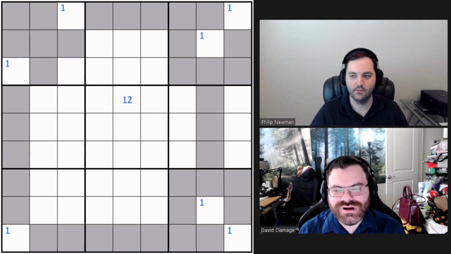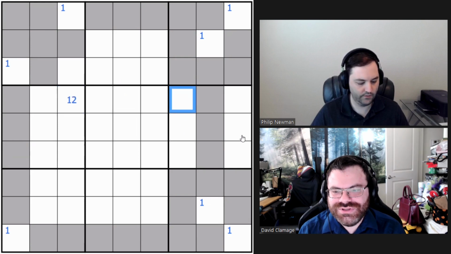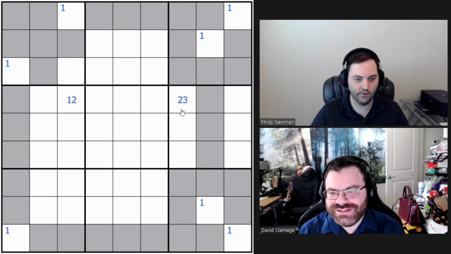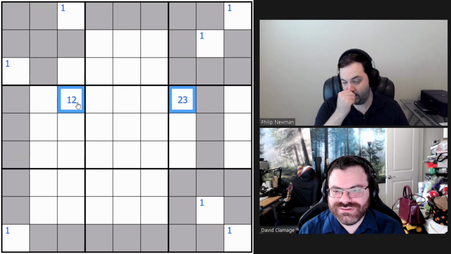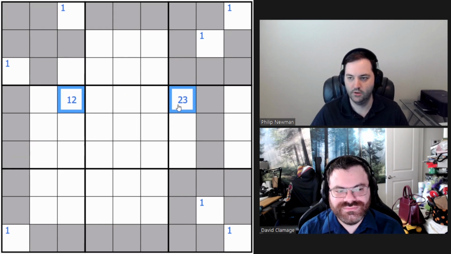Yeah. And if you remember our first episode, you might remember there's a third way to form strong links that we explained in that episode, which is by doing an almost locked set. Which are the hardest to find. An example, but you can just do a 2-cell one, like that. So there's a strong link here between 1 in this cell and 3 in this cell, because these can't both be 2.